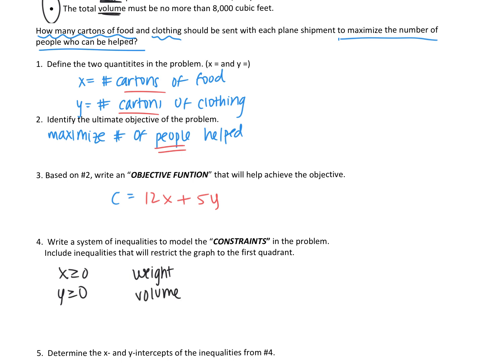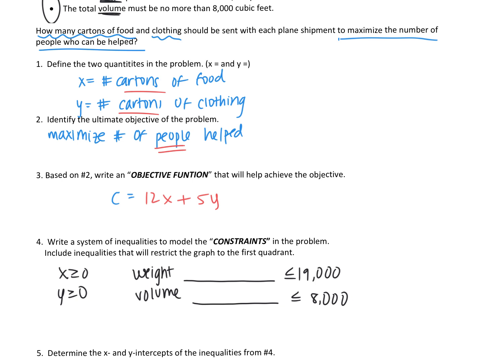It says the total weight cannot exceed 19,000 pounds. So whatever the total weight is going to be less than or equal to 19,000 pounds. And then it says the total volume must be no more than 8,000. So whatever our total volume is has to be less than or equal to 8,000. Again, this has to be in terms of X and Y. So total weight.